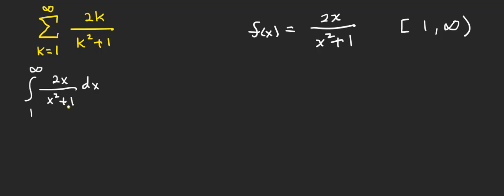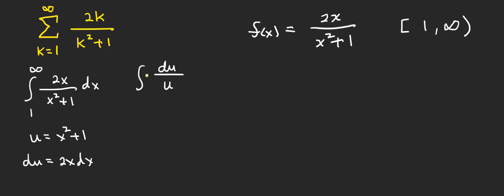In order to take the antiderivative or integral of this, we have to do u-substitution. Let u equal x squared plus 1. Therefore, du is 2x dx. So the integral, using the u-substitution, becomes du over u.